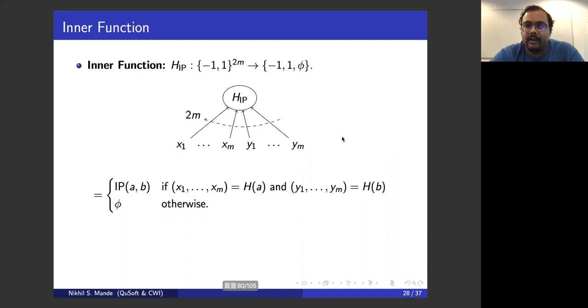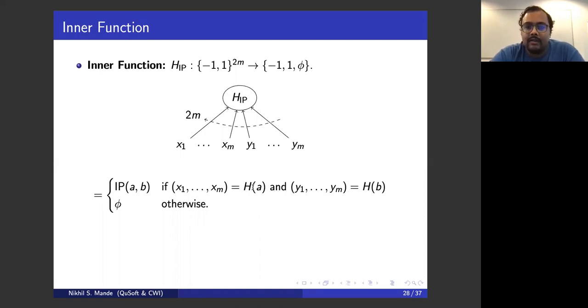Now I can define our inner function, HIP, a Hadamardization of IP. So the way it acts is the following. First, it acts on 2m input bits. Check whether the first m input bits are a valid Hadamard code word of a log m bit string. Check whether the second m bits are a valid Hadamard code word of a log m bit string.